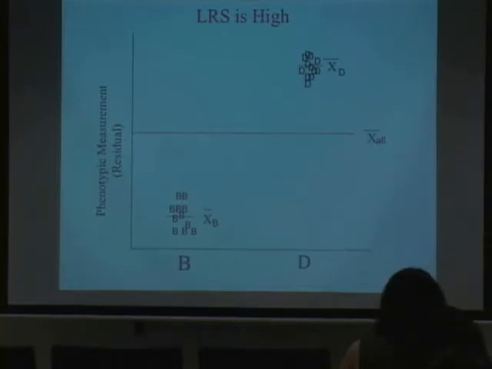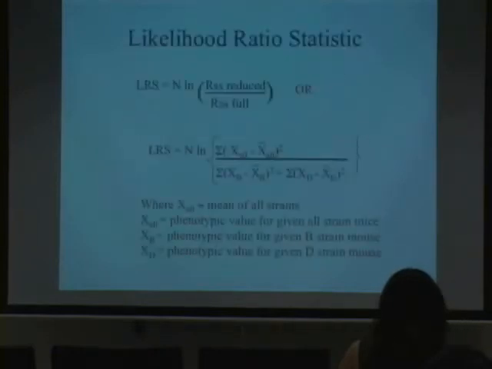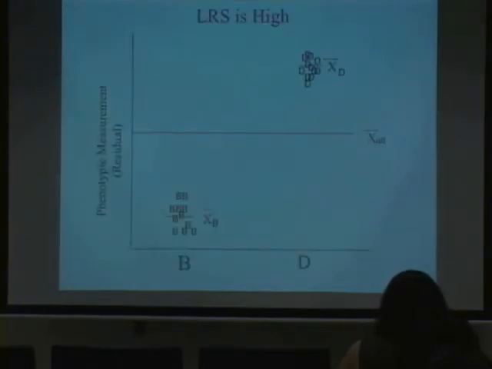Then it looks at the phenotype, or in our case, the residual. So in the numerator of this thing, it takes every value minus the mean of all and squares that value. That's the numerator.